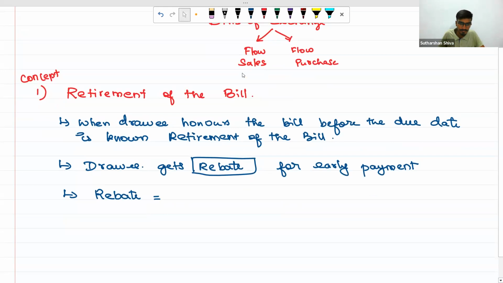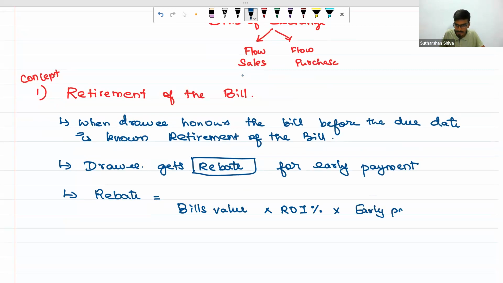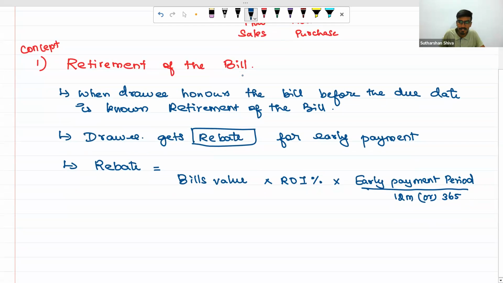You will calculate bill value into rate of interest percentage, multiplied by the early payment period. How many months or how many days the payment is made before the due date, divided by 12 months, or you can put 365 if the calculation is in number of days. If it is in months, you can put it in months.